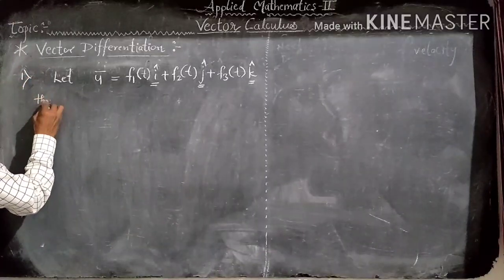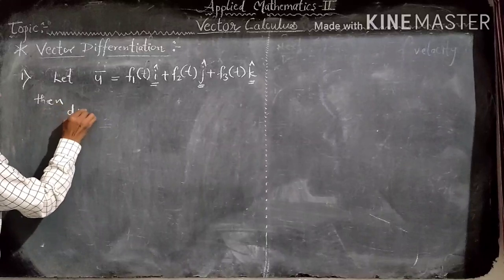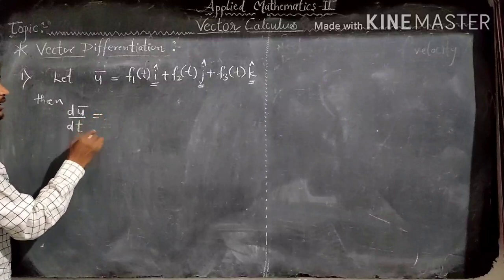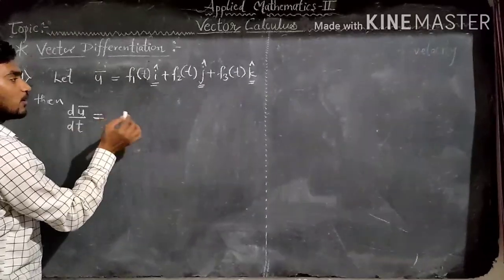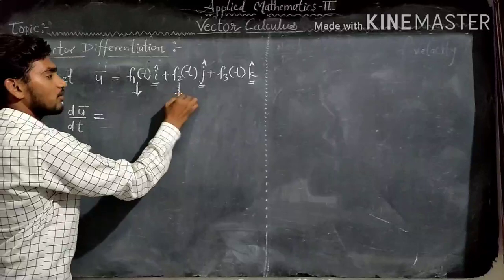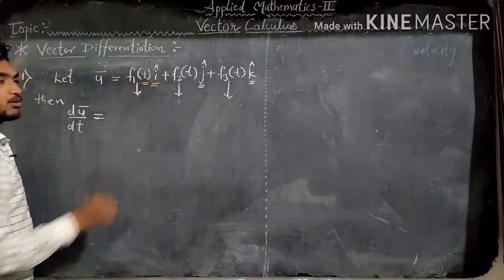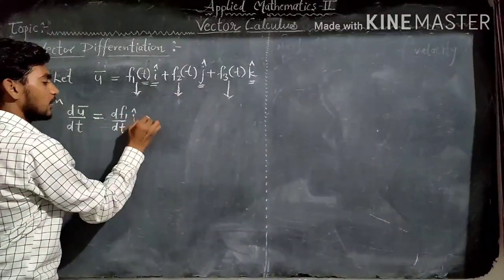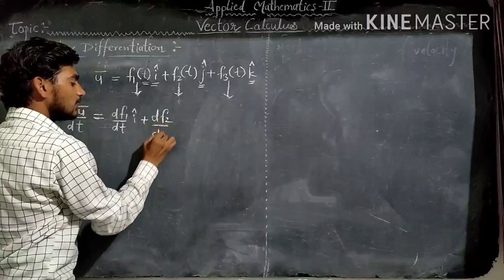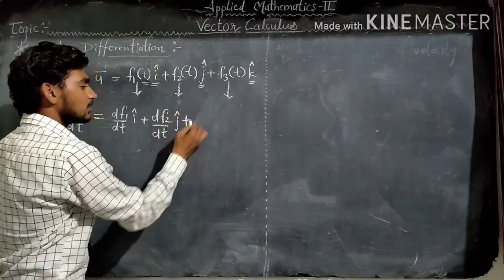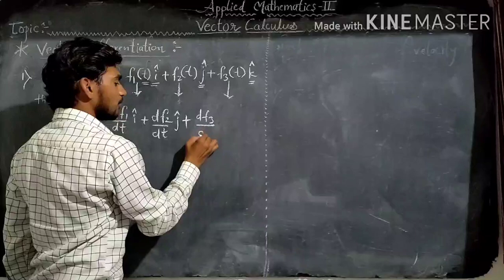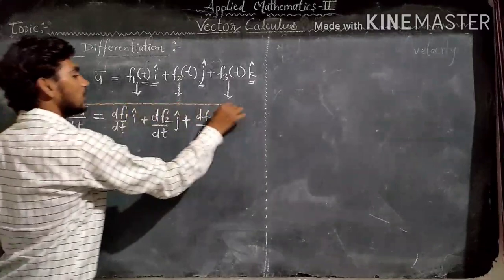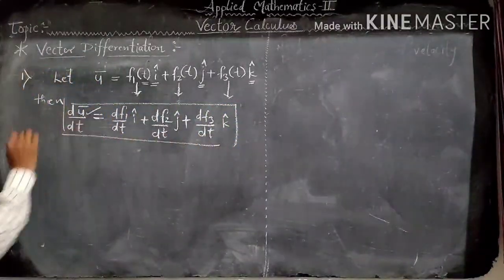Then the derivative of vector u with respect to parameter t is given as, it is simply we have to differentiate each coefficient of i, j, k with respect to t. So it is df1 by dt i plus df2 by dt j plus df3 by dt k. So that is derivative of any vector u.